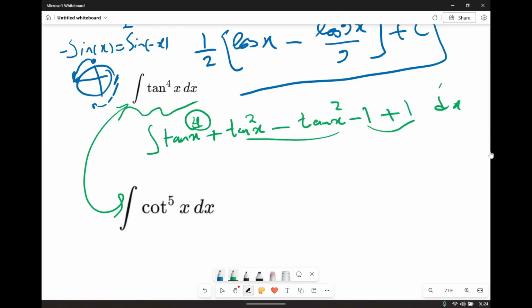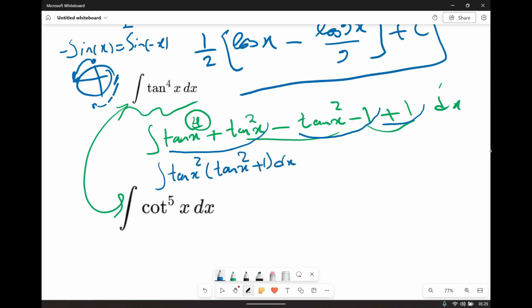Because this is simple, I can calculate all these three factors easily. At first I factor tangent x power 2 as tangent x power 2 times tangent x power 2 plus 1 dx. I take a minus, the integral of tangent x power 2 plus 1 dx, plus the integral of 1 dx.